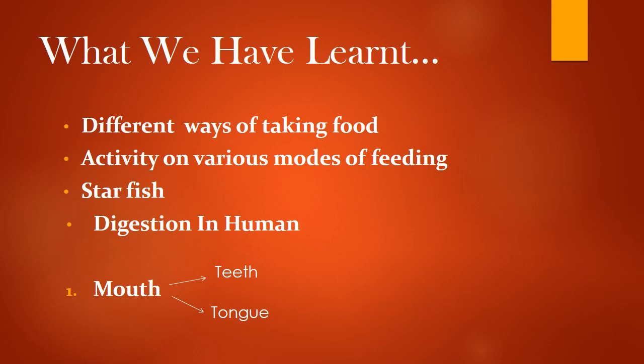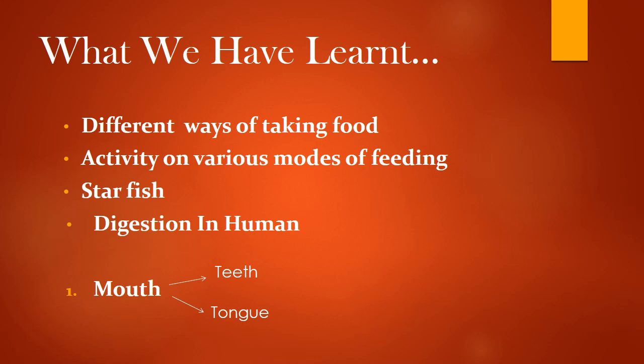In lesson 2, Nutrition in Animals, till now we have discussed many topics. First, we started with the definition for animal nutrition. Children, do you remember the definition for animal nutrition?